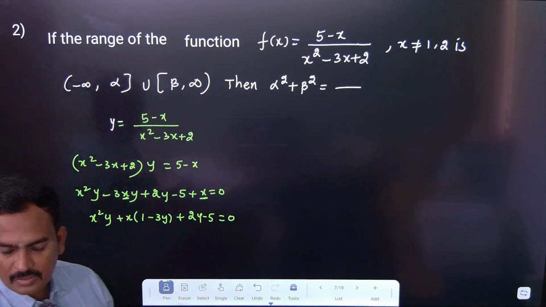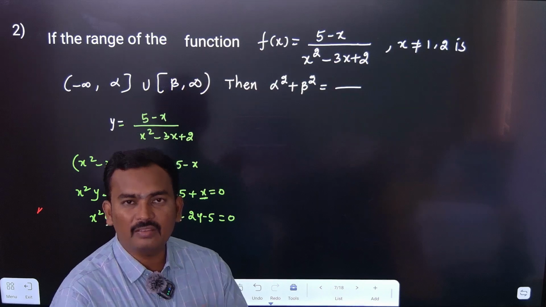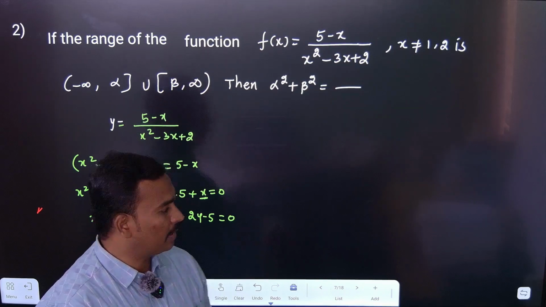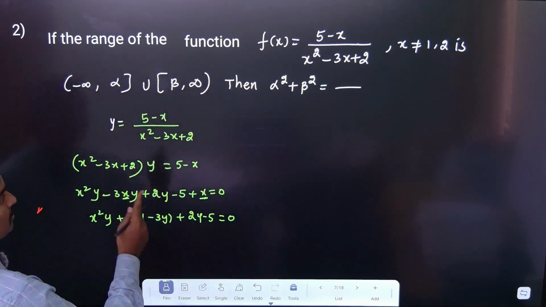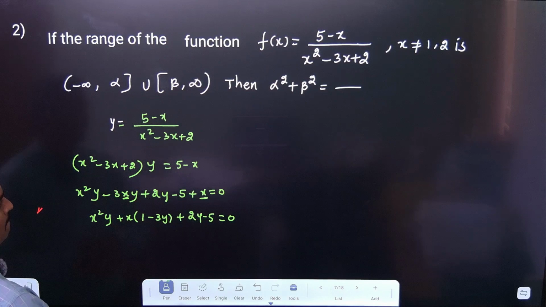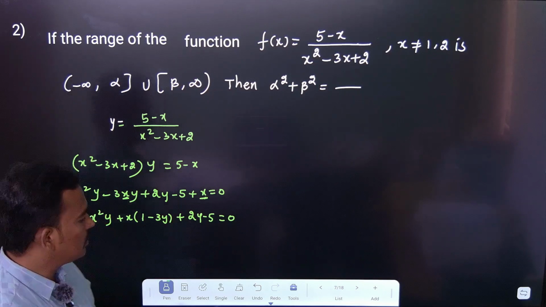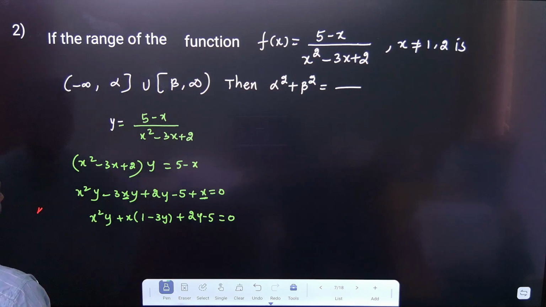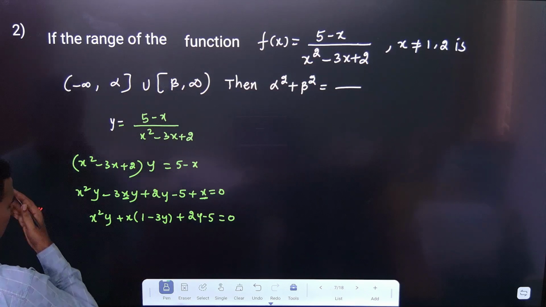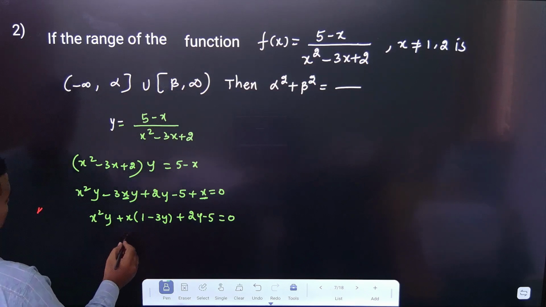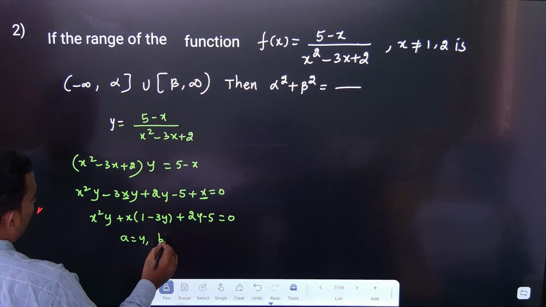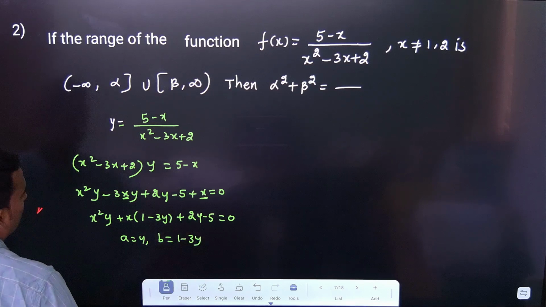We already discussed how to find the range of this kind of function. What you have to do is just use the discriminant method. We need to find the real solutions of the quadratic equation in terms of x, right? So what is a here? y. What is b? 1 minus 3y.